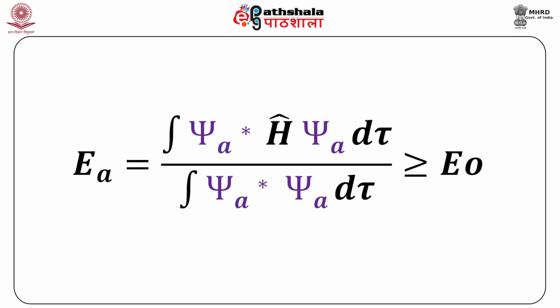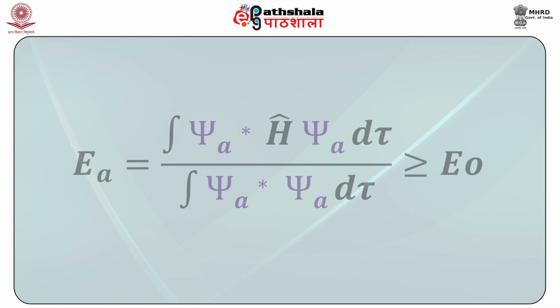In the numerator we have the integral of psi a star H cap psi a d tau divided by the integral of psi a star psi a d tau, and this approximate energy according to the variation theorem is always greater than the exact energy E0.